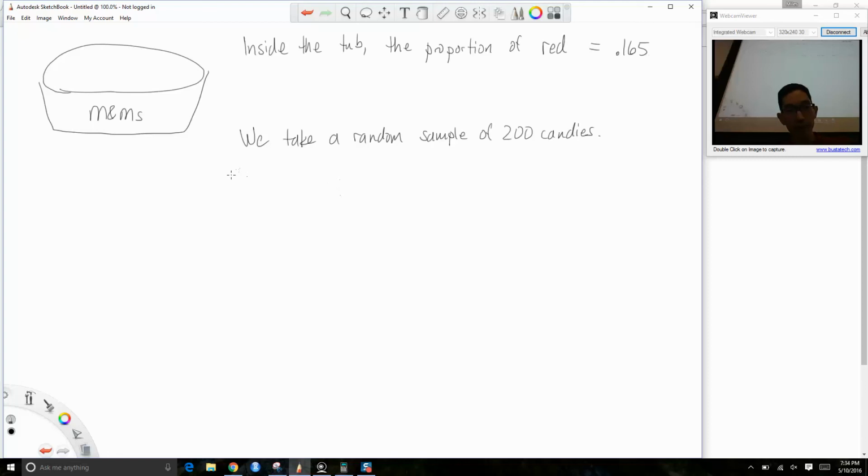Okay, so the question will be, all right, we will look at the sample proportion p hat. So over here we're going to ask, what is the distribution of p hat?